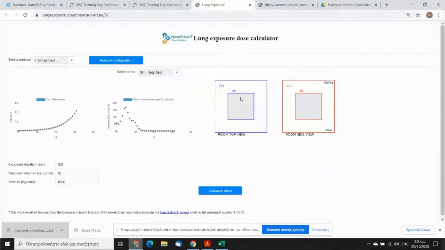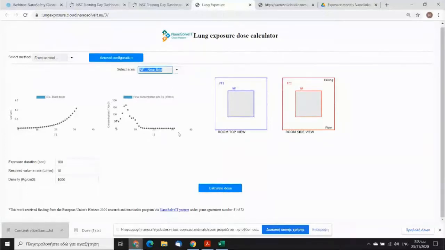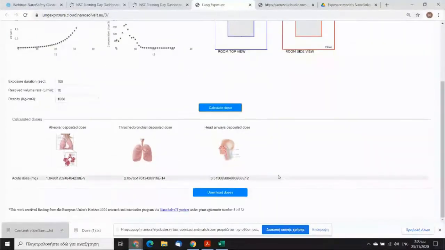Here, the near field, the NF area, is highlighted because this is what we have selected here. But if I want, I can select FF1, the other region. As you see, it was grayed out. You will see that the concentration also updated. I will leave these values here, and I will calculate, and I have an estimation of the dose in the various regions of the human body.